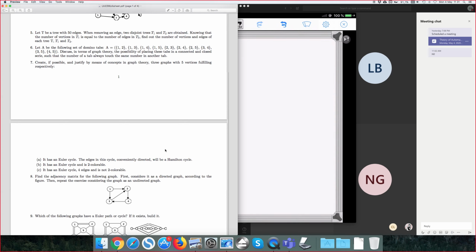Okay, so in all the cases we want graphs with 5 vertices. Okay, and in the first case we have to have an Eulerian cycle, and the edges in the cycle will have to form also a Hamiltonian cycle.